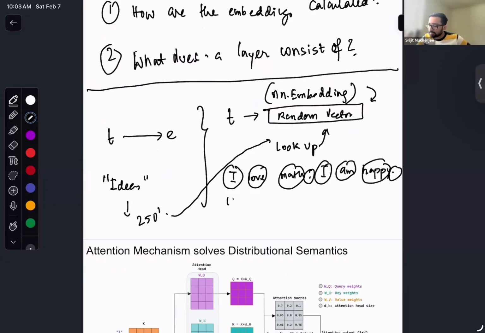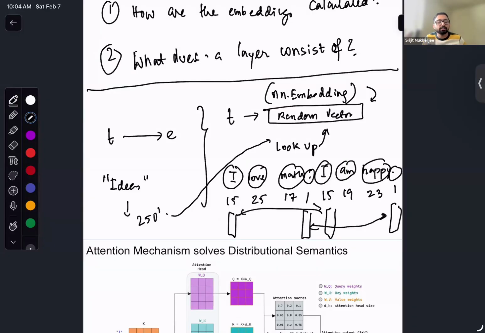So let's say I has token number 15, love is 25, math is 20, full stop is 1, I again is 15, am is 19, happy is 23, full stop is again 1. You can see I and full stop repeat, so we should make sure that I has the same vector every single time, and full stop has the same vector every single time, right?